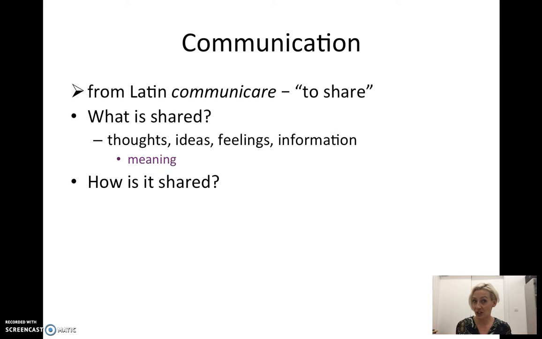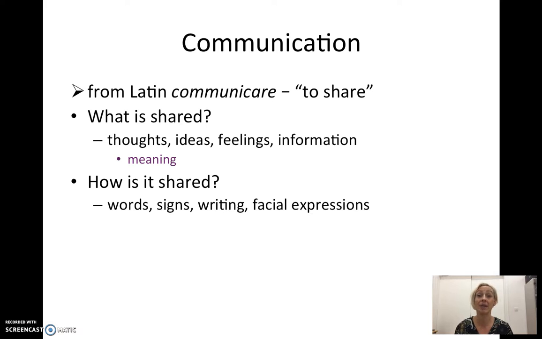How is the meaning shared? Meaning is something abstract. You can't just take a meaning and give it to someone like you would share a cake. So with information, with meaning, we have to find symbols that represent that meaning.